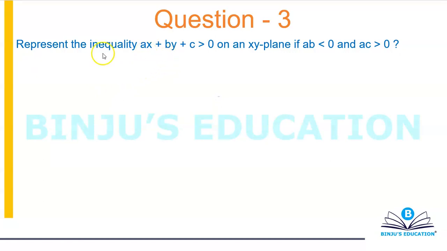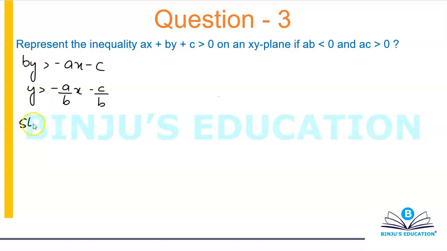So first thing first, I can rewrite this as by is greater than minus ax minus c, or y is greater than minus a by b x minus c by b.